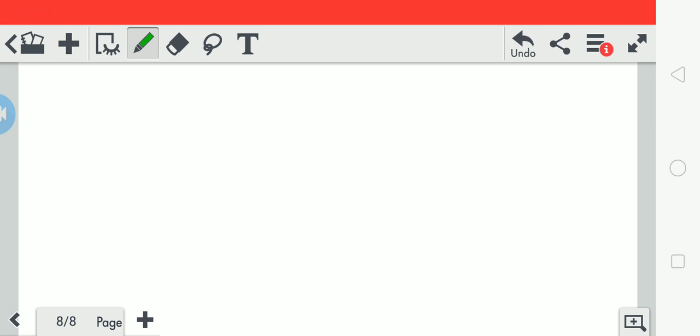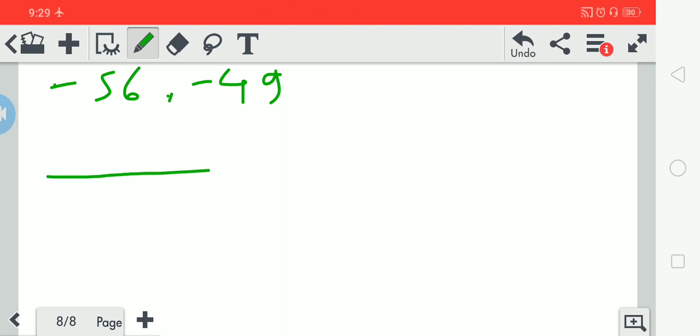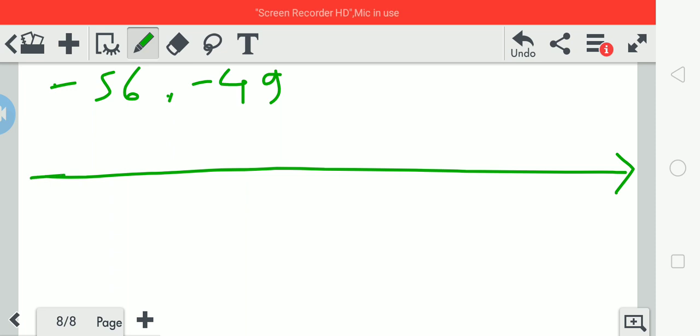Okay. Now our numbers were -56 and -49, right. Now see, both numbers are negative, so we want a negative number line. So I will draw the negative number line here. It is -49.